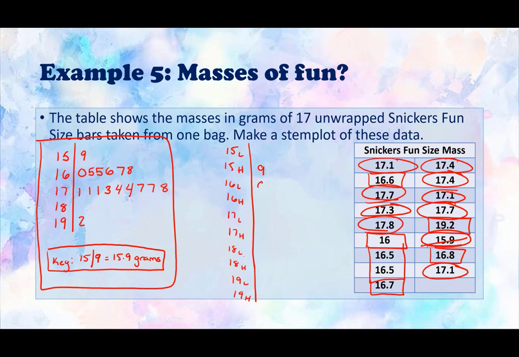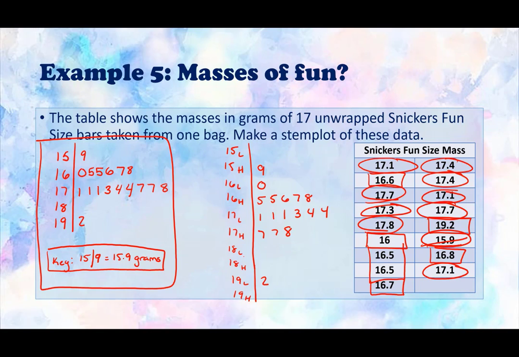So that means we're going to have a 0 here, and the rest of these numbers are going to go into the high category. Okay. Now for 17, remember that the low is between 0 and 4. So we're going to have 1, 1, 1, 3, 4, 4. And our highs would be 7, 7, 8. Now again, we have nothing for our 18s. But for our 19s, we still have that 19.2, which is low.